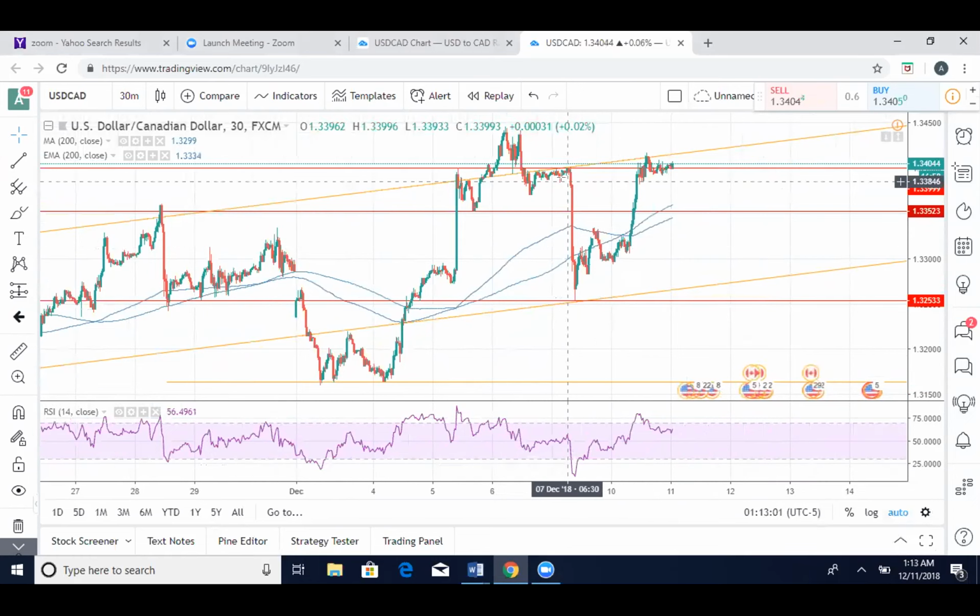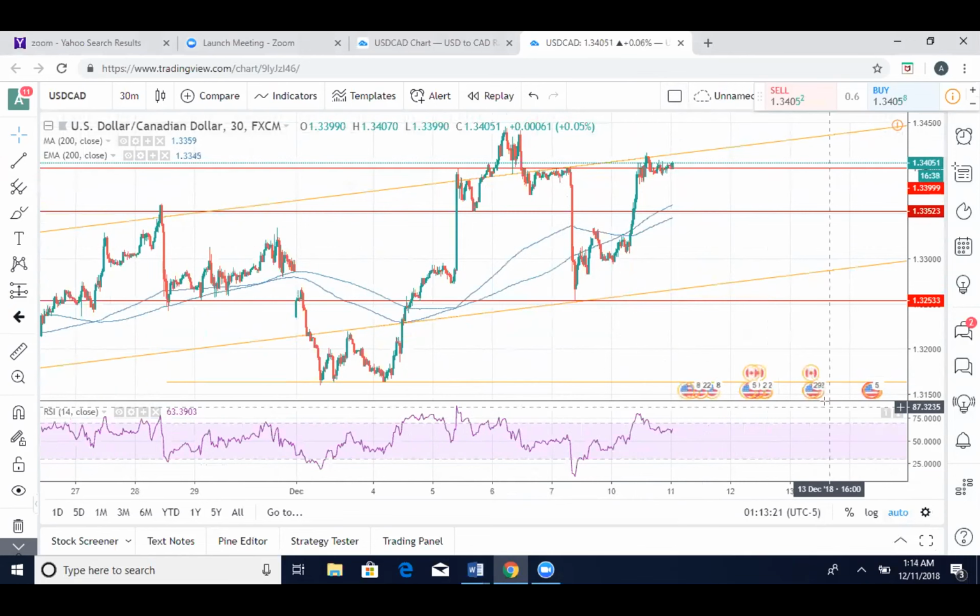Then it went down, it came back up, and it's building some pressure here. I didn't put the pattern there, but it's building pressure. That's why I don't want to sell it yet, because it might push up again. It might try again to get out, and before it breaks, it comes down. That's why I'm being patient with this one.